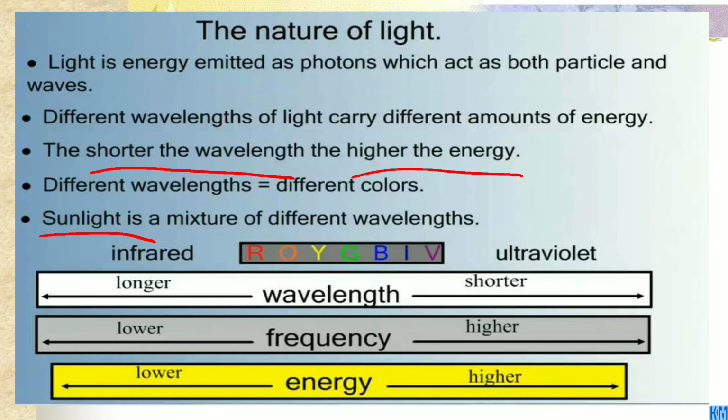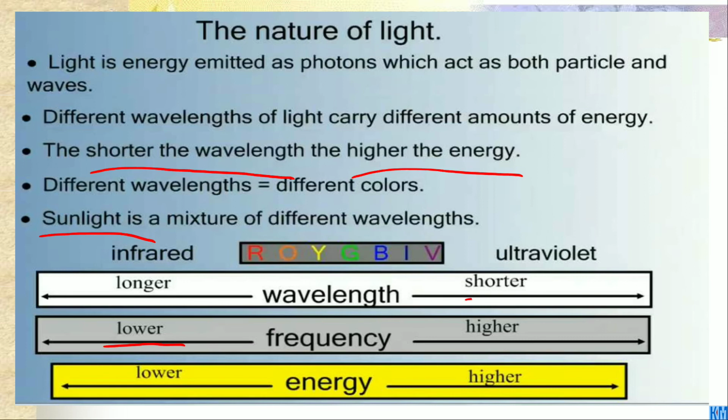Okay. Then the infrared and ultraviolet. Infrared is the longer wavelength and ultraviolet is the shorter, so it goes from longer to shorter wavelength. In a longer wavelength the light frequency is low.